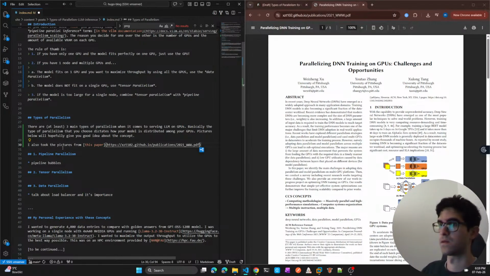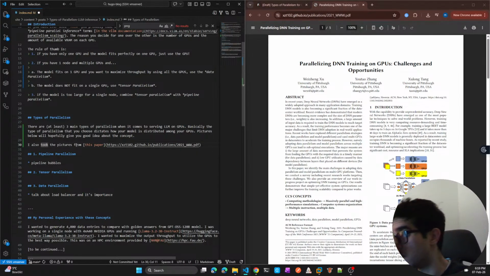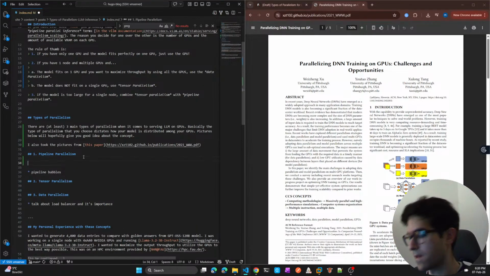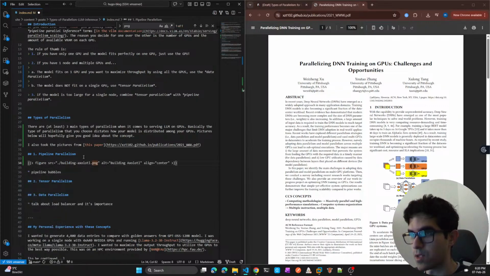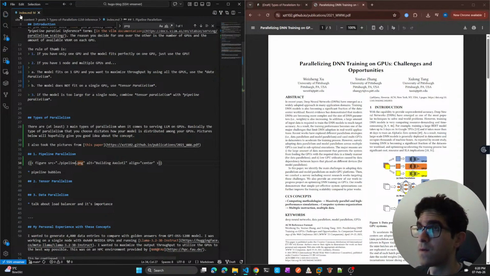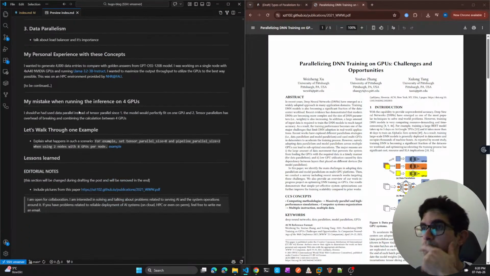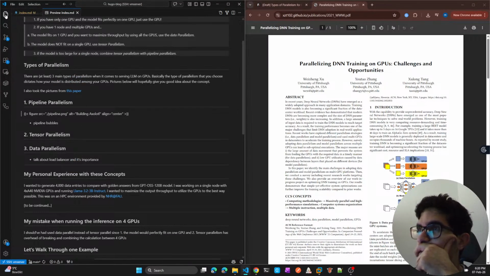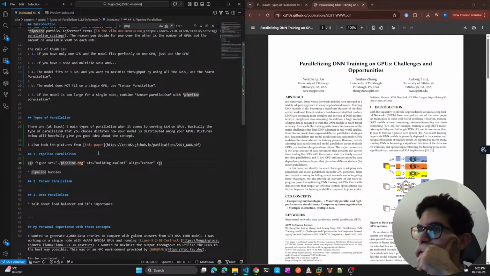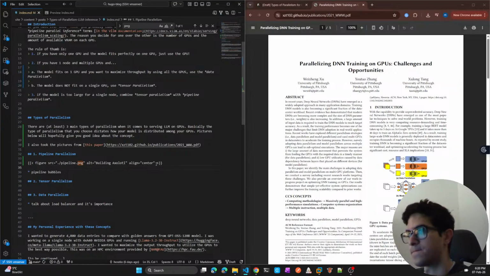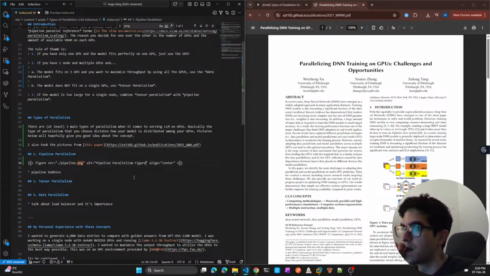Okay, just say that, take the pipeline PNG, the pipeline parallelism figure.